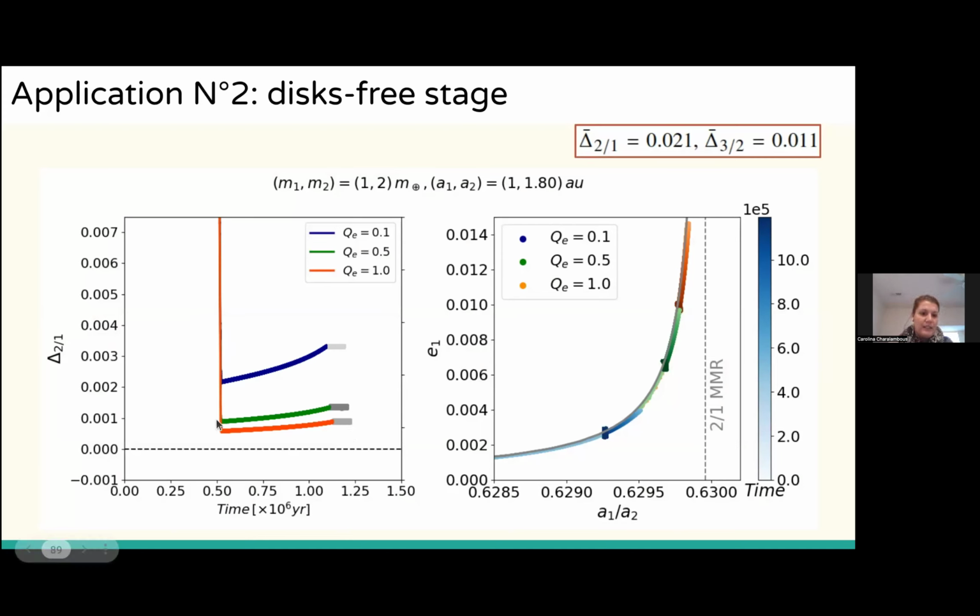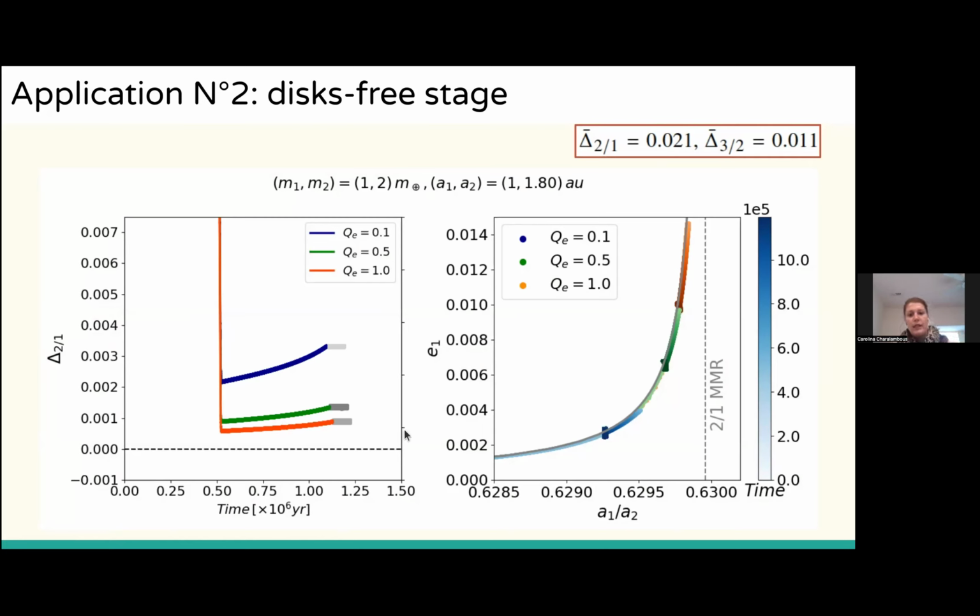Before, the planets reached the commensurability and continued migrating constantly, but now we see that they depart from the commensurability. This effect is known as resonant repulsion.